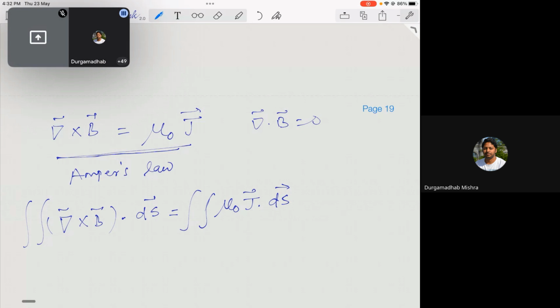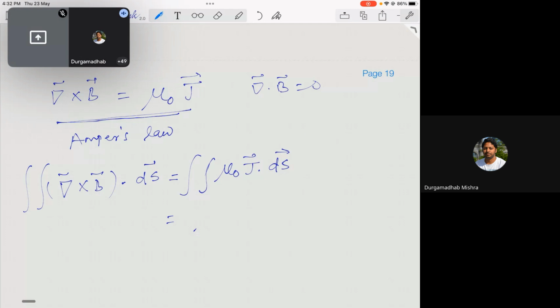And this surface integral on the right hand side is nothing but the total current. The integral of J dot ds is the total current that is enclosed within the line that bounds the surface.